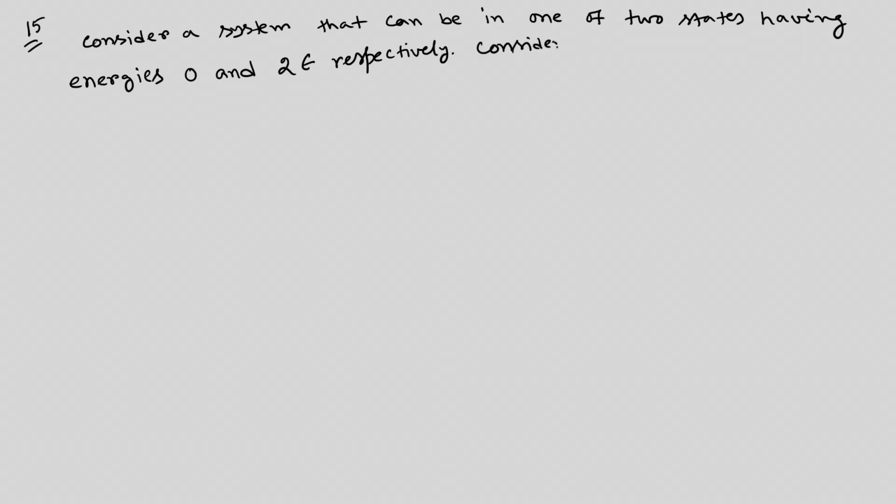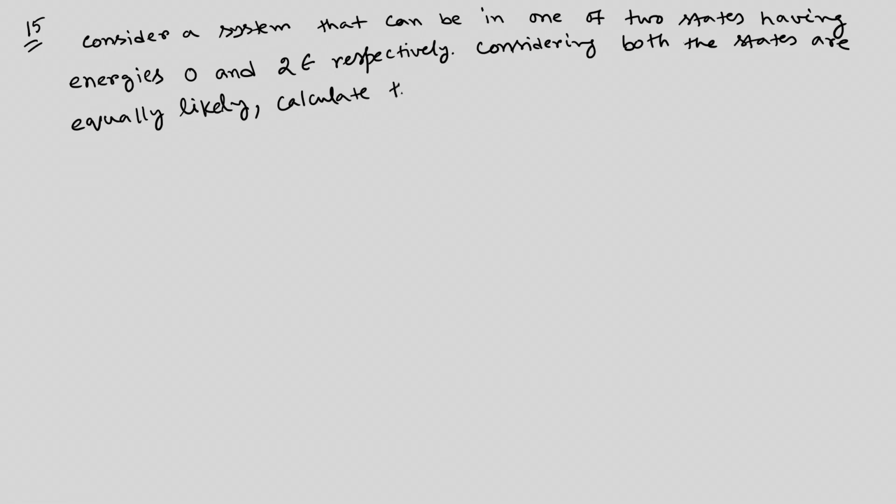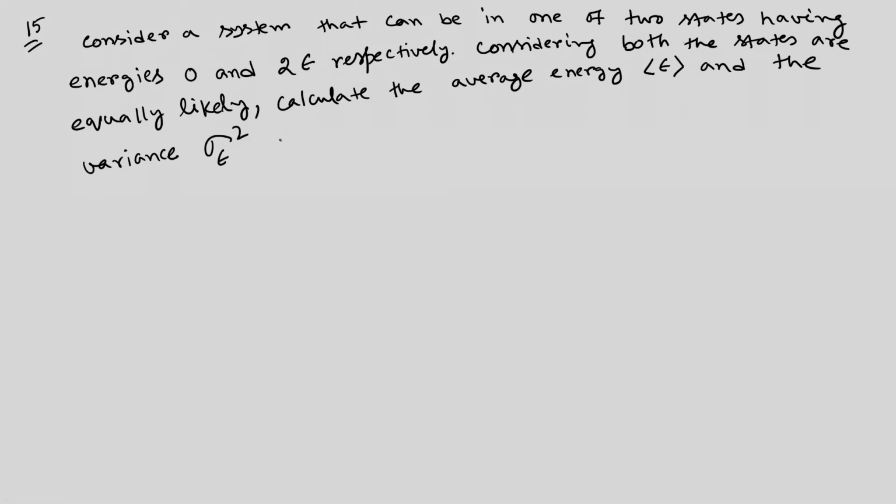Considering both the states are equally likely, calculate the average energy epsilon average and the variance of energy sigma epsilon to the 2 in thermal equilibrium at temperature T Kelvin.